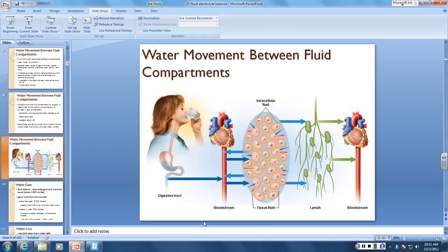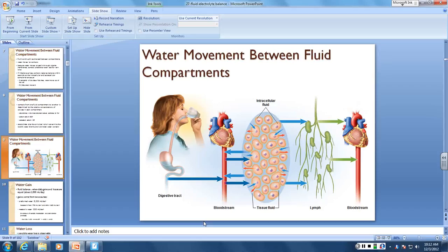So we bring water into the body when we drink, correct? Drinking water ends up in our digestive tract, but it is immediately absorbed into the what? Into the bloodstream. Now, in the bloodstream, water circulates and the kidneys get rid of any excess.